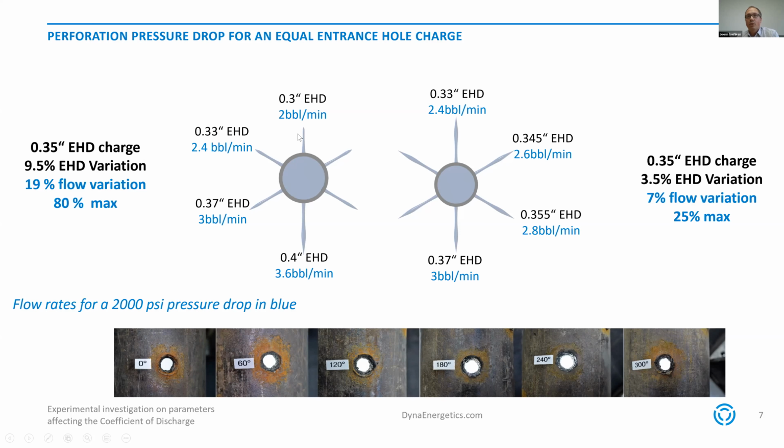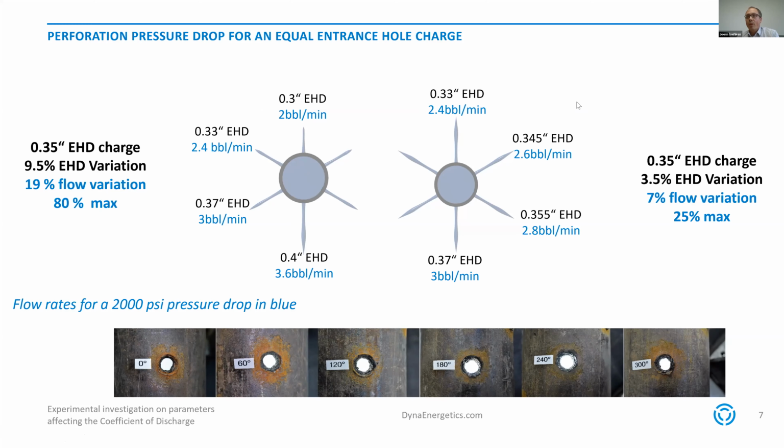What that means for the entrance holes is that you might have a quite small entrance hole on the high side because your gun is decentralized, and so the distance to the upper side is larger. And that means you have maybe 2 barrels per minute going through this upper perforation, while on the low side you have a 0.4 inch hole, and 3.6 barrels per minute in this example will flow through the perforation. So you have a variation of 80% between the different perforations and a variation of 19% in flow.